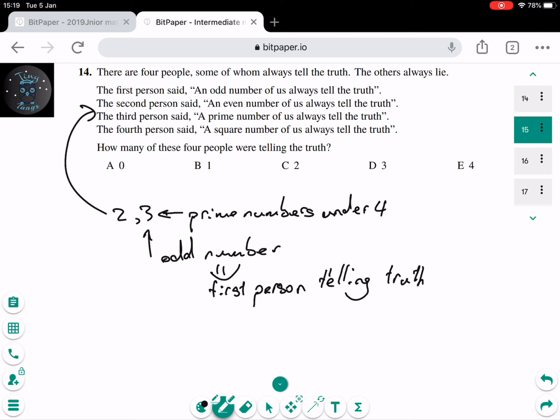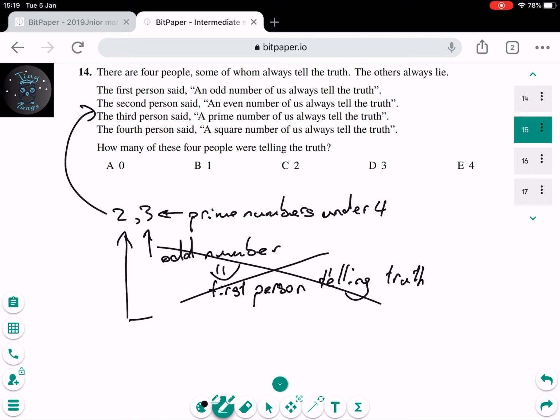However, because it's only 2 people, it's the third person and the first person, so it can't be odd because it's 2. 2 is not an odd number, so that won't work. So let's try 2 now.